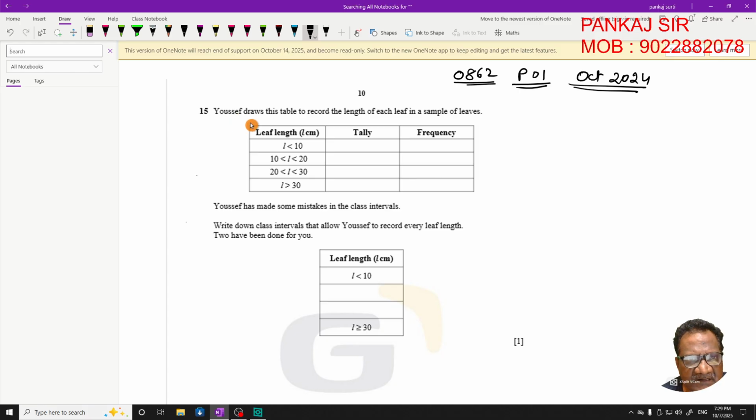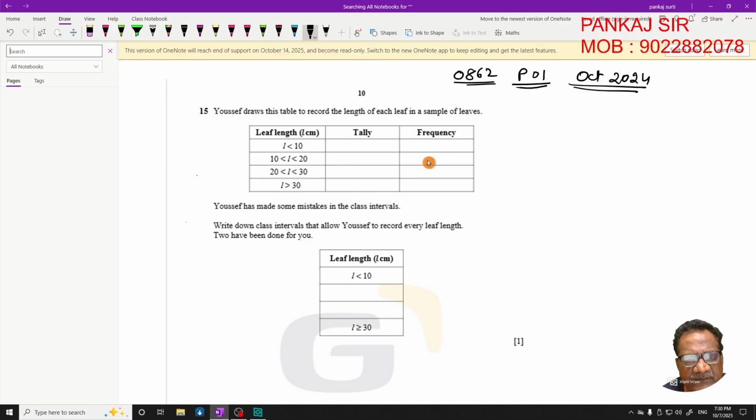Let us start with question number 15. Question number 15 says that Yusuf draws this table to record the length of each leaf in a sample of leaves. The length of the leaf he has taken in this way: L less than 10, then 10 less than L less than 20, then 20 less than L less than 30, and L greater than 30.